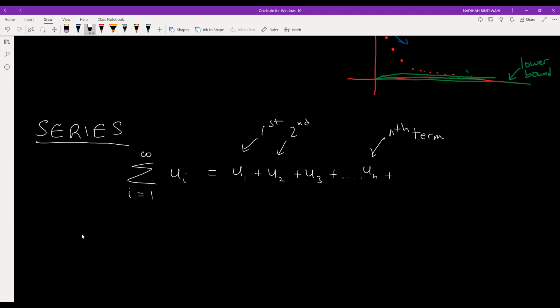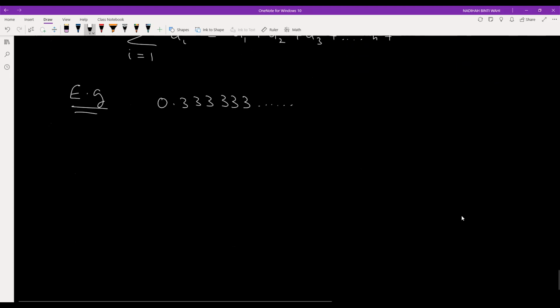Okay, example. Let's say this number, 0.333333 and so on. This can be viewed as a series, an infinite series. Because it goes on to infinity, it will be an infinite series. In most cases, we are talking about infinite series. What happens when i goes to infinity?